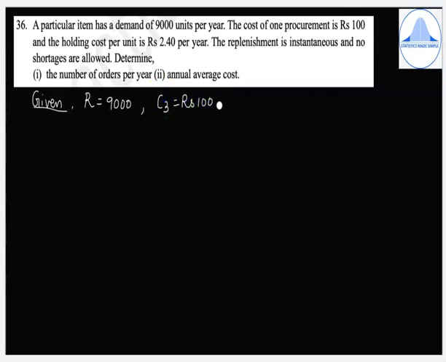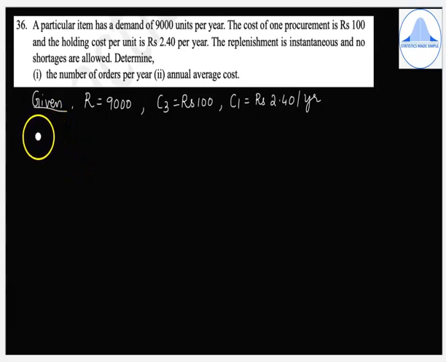And then the holding cost per unit, that is C1, is rupees 2.40 per year. And then they have said that shortages are not allowed, so it means that C2 is equal to 0.